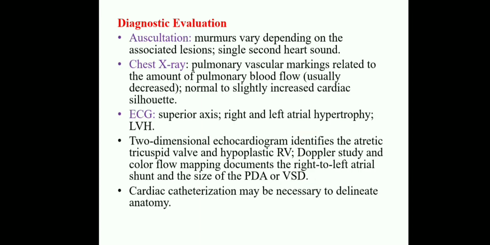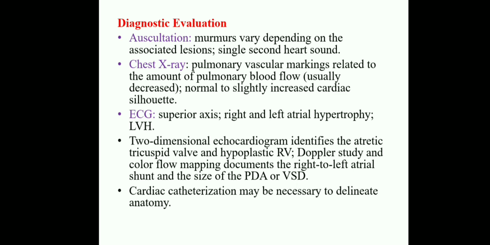Next, coming to the diagnostic evaluations. Whenever we are auscultating, the murmurs vary depending on the associated lesions. A single second heart sound is there; whenever we auscultate, we will recognize that the child has a single second heart sound. Coming to the chest X-ray, the pulmonary vascular markings are related to the amount of pulmonary blood flow.